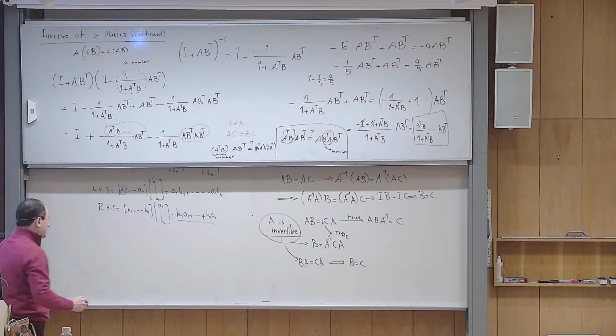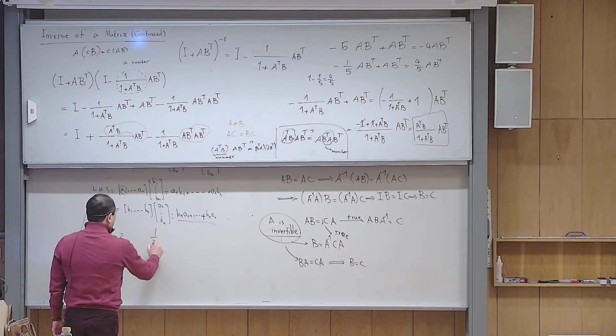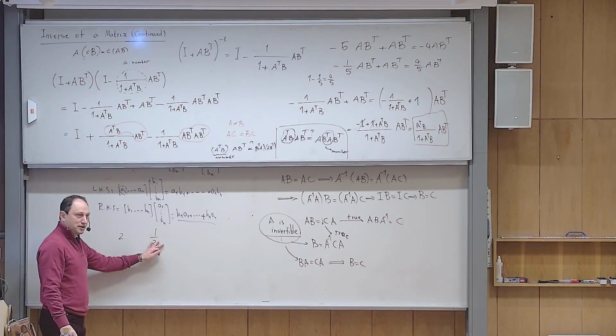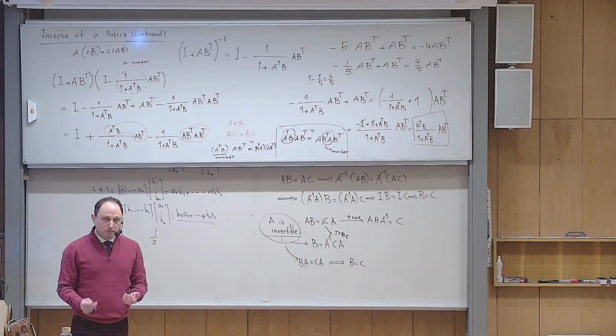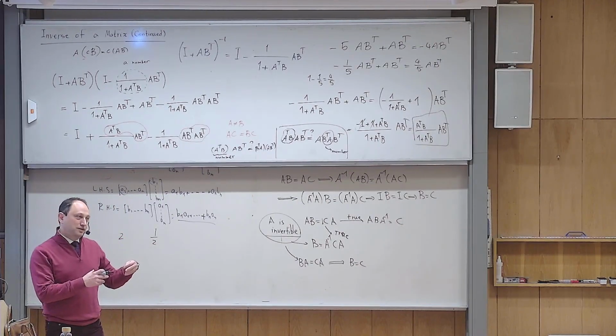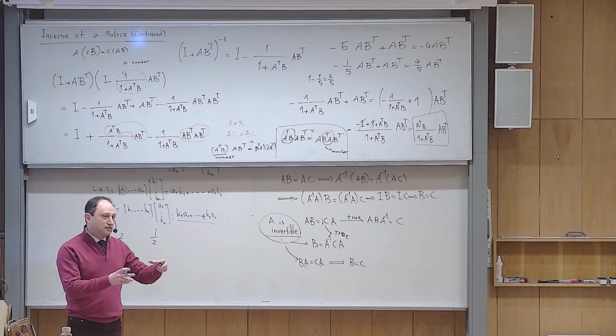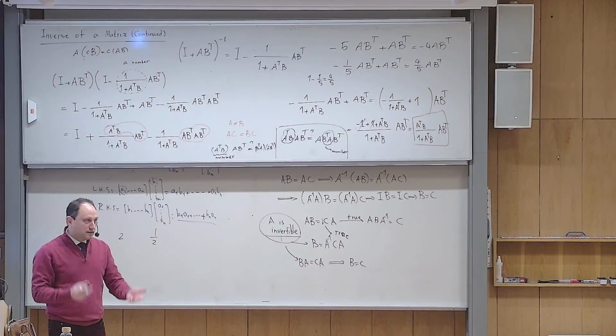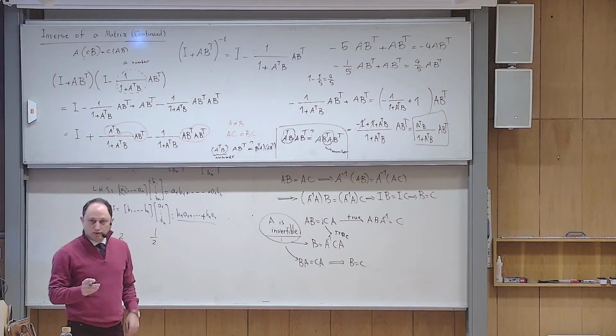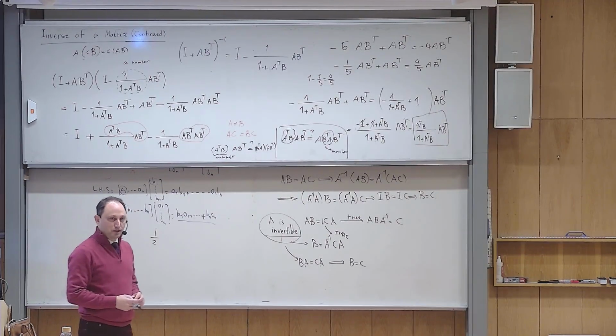If I give you 2 and if I give you 1 over 2, you immediately realize this number is the inverse of that. But I can give you two matrices that I already know are inverses of each other, and by looking at them, it's not that easy at all to realize this matrix is the inverse of the other matrix.